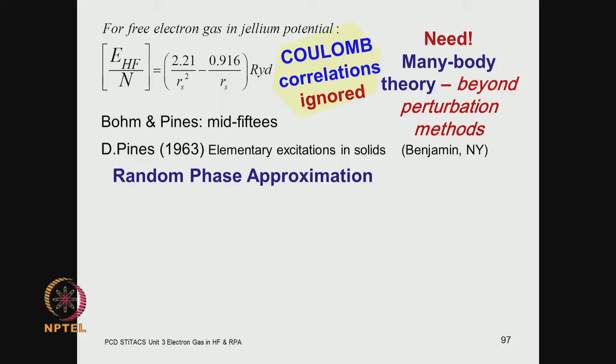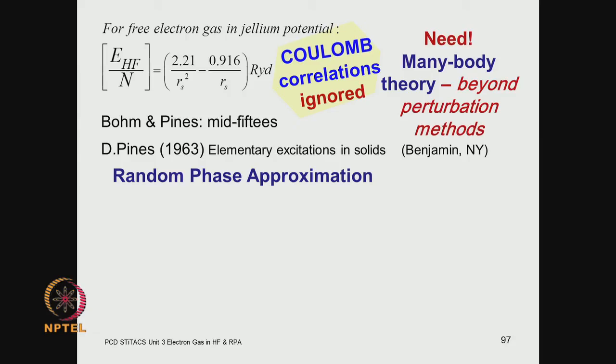I will mention some of these after a few classes, but in particular I would like to discuss the approach of Bohm and Pines a little bit, because that gives us some understanding of why this approximation is called the random phase approximation. So, what are the phases that are involved, what is random about these phases, and what is this phase cancellation that is being referred to in the RPA. These are some of the questions that I will discuss in this and in the next few classes.